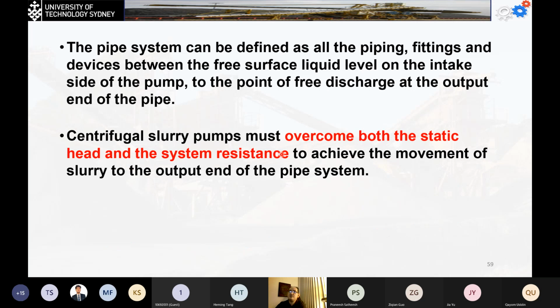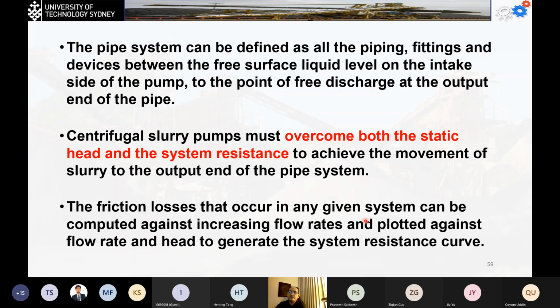Centrifugal slurry pumps must overcome both the static head and the system resistance to achieve the movement of the slurry to the output end of the pipe system. Friction losses always occur in the pipes and the other components, for example expansions, divergences or elbows. They are always calculated and then added as an equivalent length.